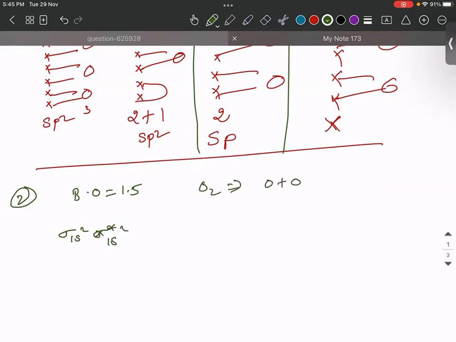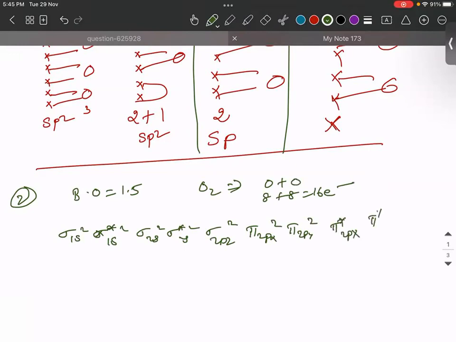Oxygen plus oxygen, so 8 plus 8, 16 electrons. So sigma 1s2, sigma star 1s2, sigma 2s2, sigma star 2s2, sigma 2pz2, pi 2px2, pi 2py2, pi star 2px1, pi star 2py1. Okay. 2, 4, 6, 8, 10, 12, 14, 15, 16. This is for O2. Correct?